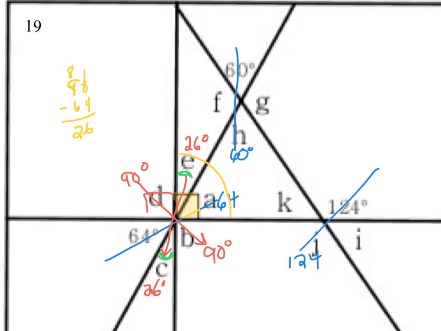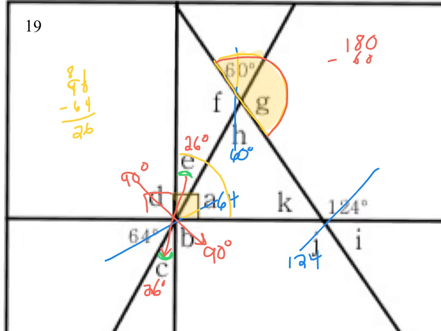If this right here is 60, this one right here is connected to a supplementary angle. So this plus this is going to be 180.